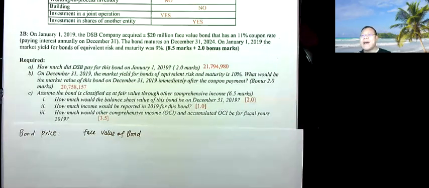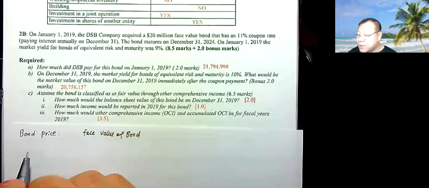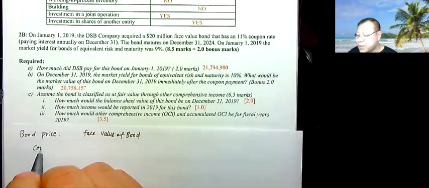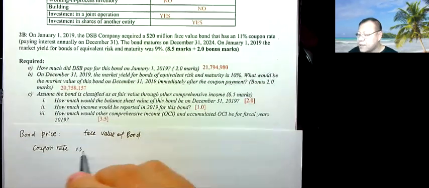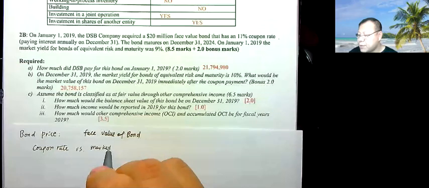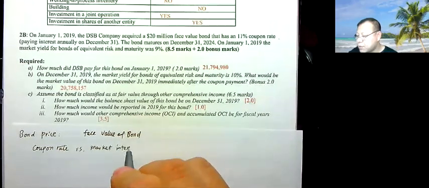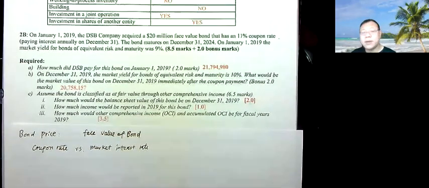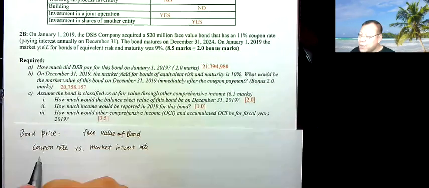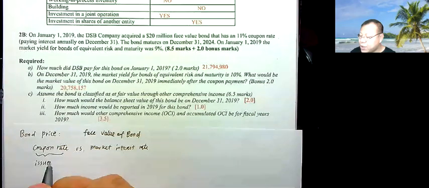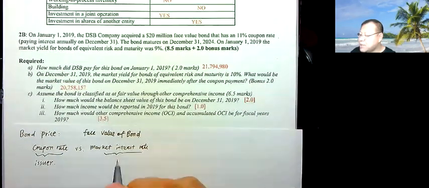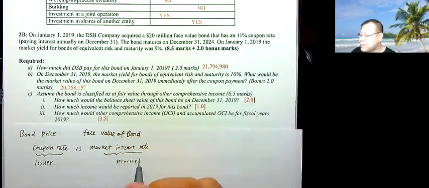So what will affect the price of the bond? It's really about the coupon rate versus the market interest rate. The coupon rate is the issuer's promised rate, and the market rate is what the market promises.